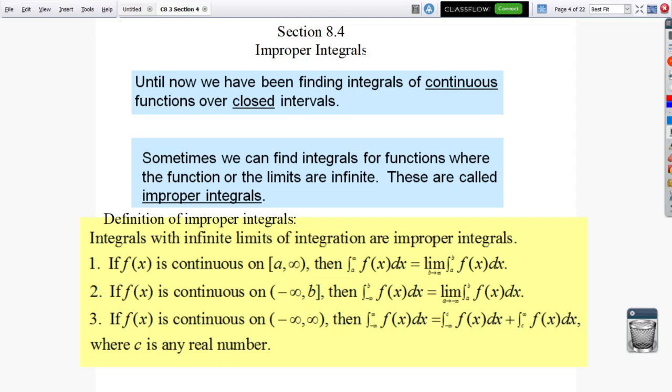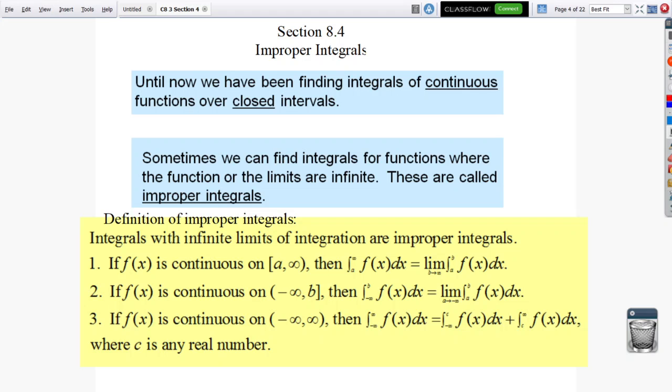And if f of x is continuous on the interval from negative infinity to infinity, then the integral from negative infinity to infinity of f of x dx is equal to the integral from negative infinity to c of f of x dx plus the integral from c to infinity of f of x dx, where c is any real number.